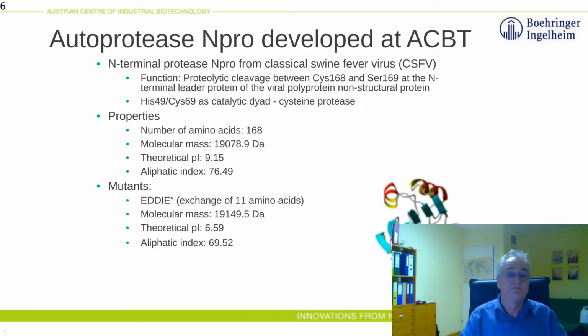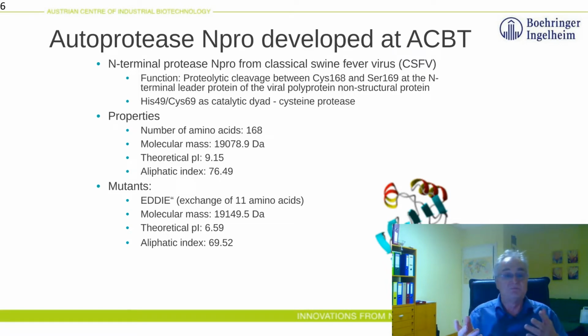So you see, we have used the autoprotease Npro a couple of years ago, and this is from the classical swine fever virus. And you see, this function in nature is a proteolytic cleavage of the viral polyproteins. So these are non-structured proteins.